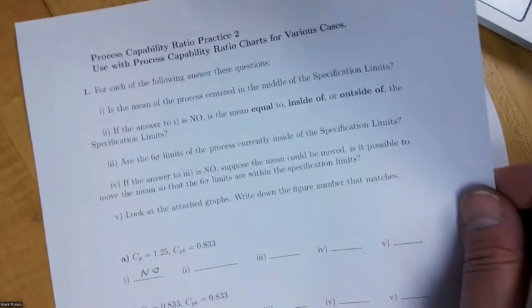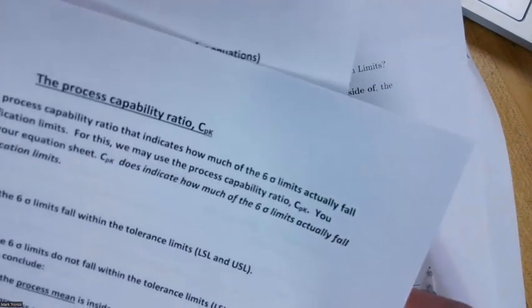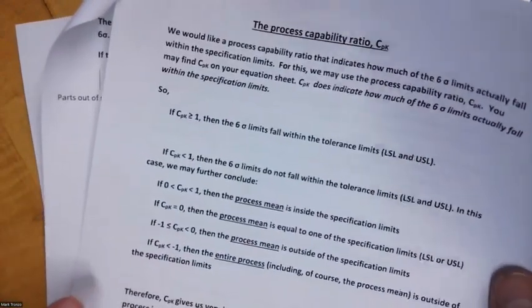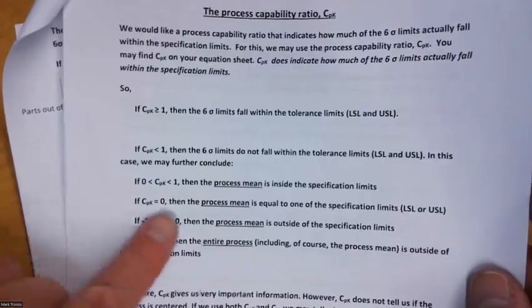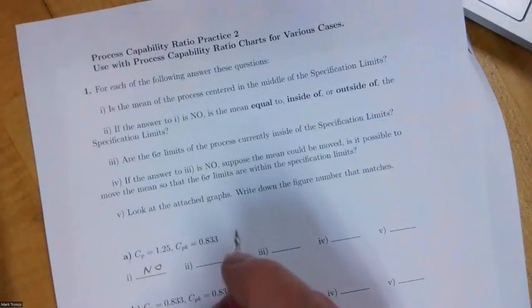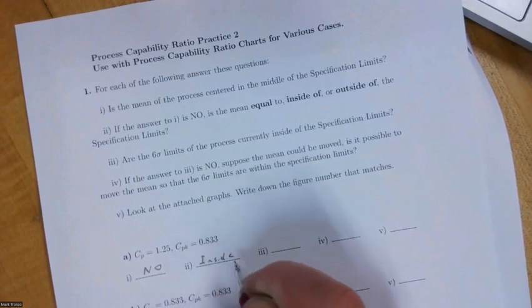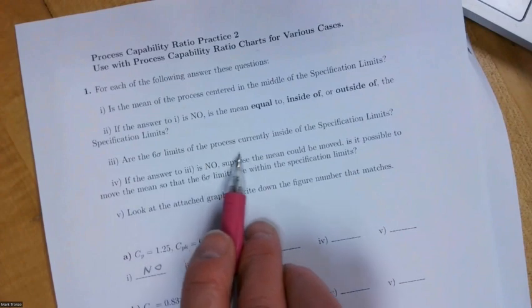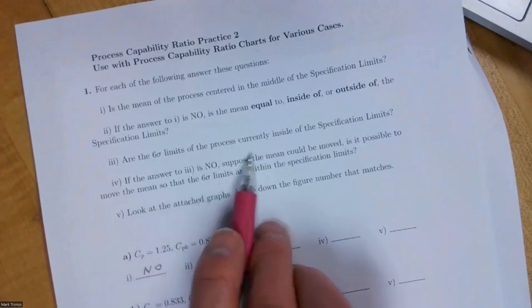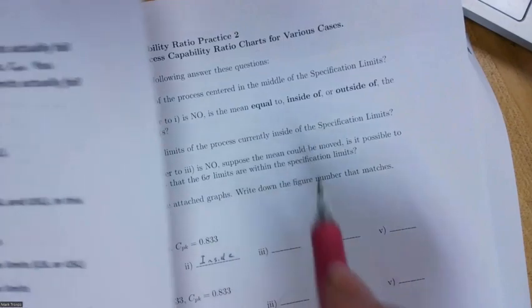If the answer is no, is the mean inside or outside? Again, because it's between 0 and 1, the process mean is inside specification limits. So this would be inside. And then, are the 6 sigma limits currently within the process?